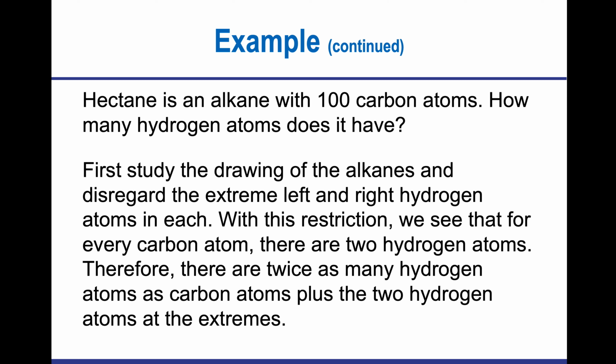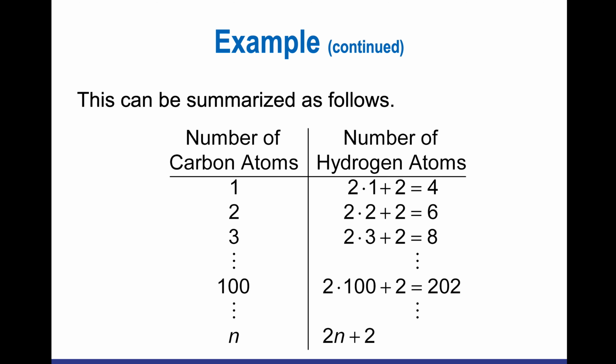How many hydrogen atoms does it have? So if we look back at the drawing on the previous slide, and we disregard the extreme left and right hydrogens in each, we see that for every carbon atom, there are 2 hydrogens. So therefore, there are twice as many hydrogens as carbons because I have a 2-to-1 ratio.